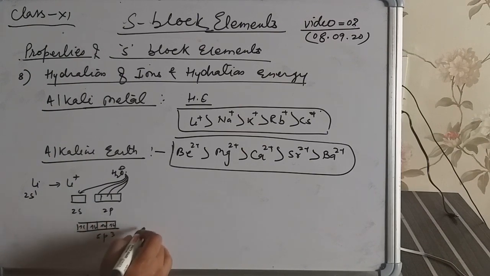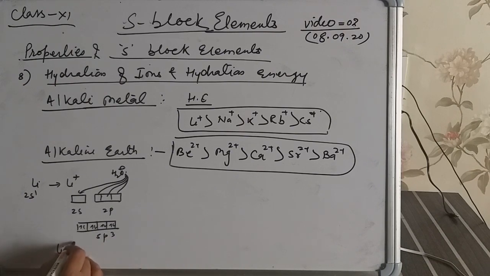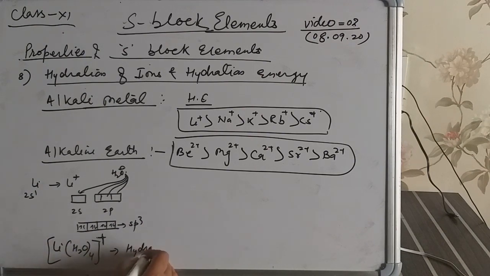So it exists as lithium with 4 H2O, the coordination number is 4, with a positive charge, which is the oxidation number of lithium. So lithium exists in nature in the hydrated form.